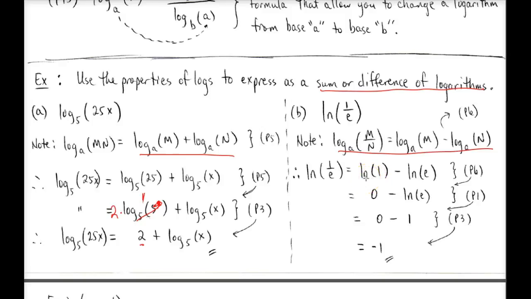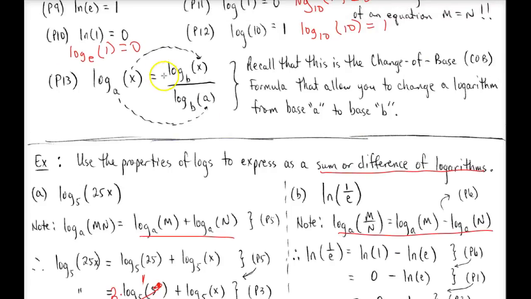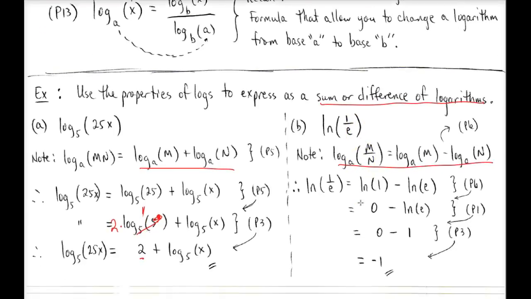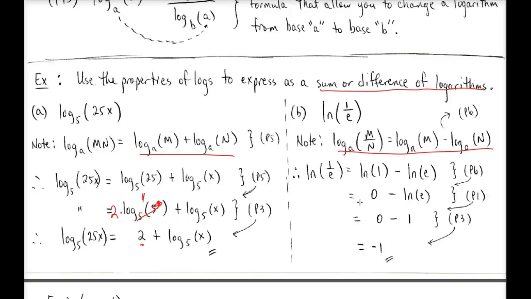We know that natural log of 1 is equal to 0 because of property 10 right here. We also know that natural log of e is equal to 1 because of property number 9. So once we write in what we know, our answer ends up being -1 in this case.